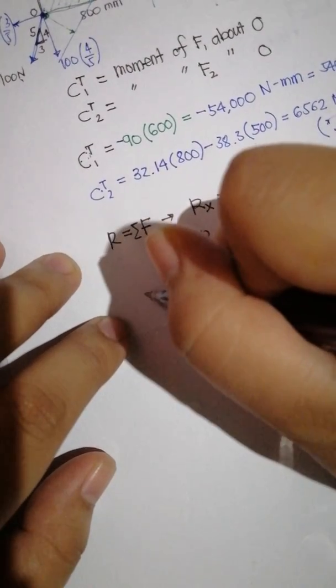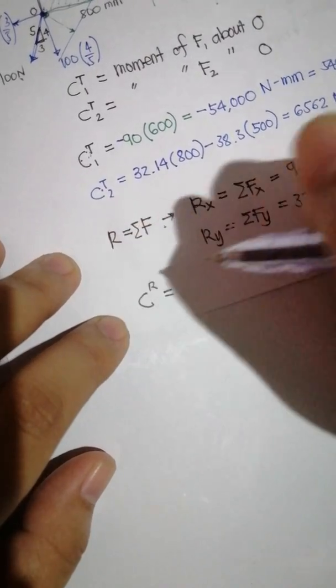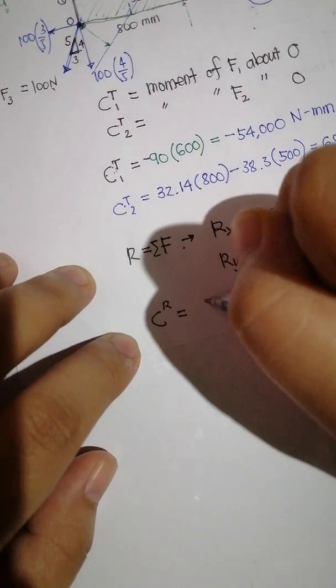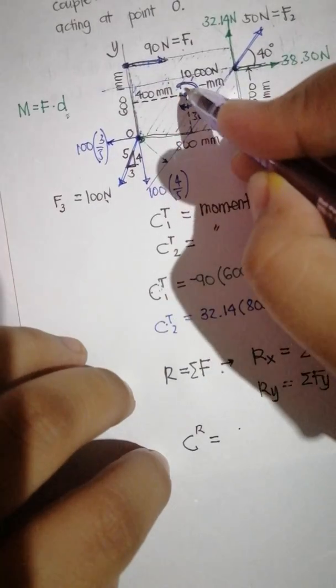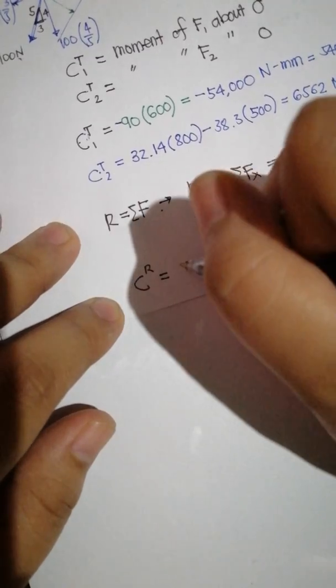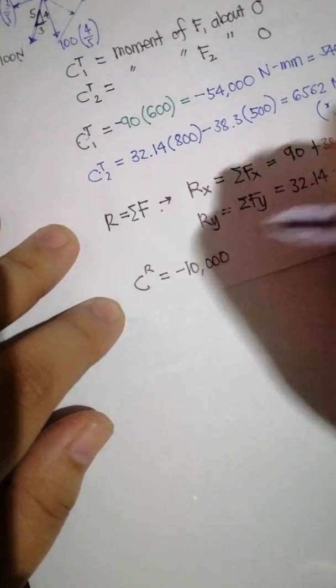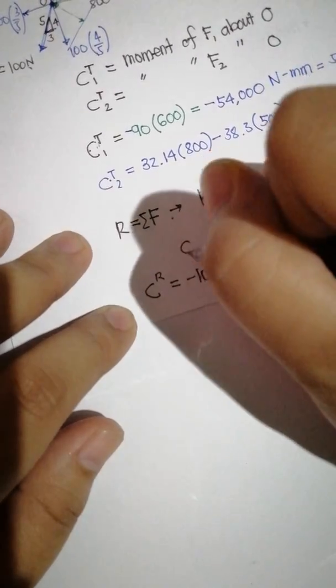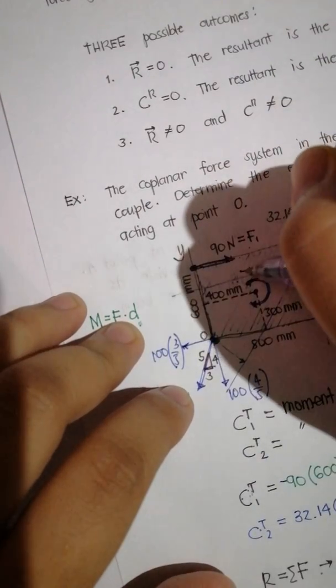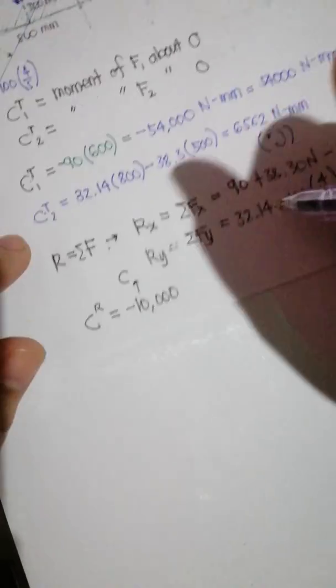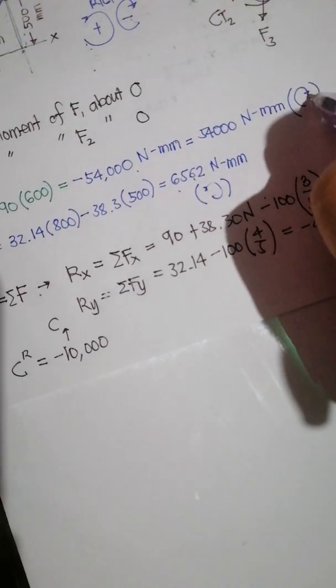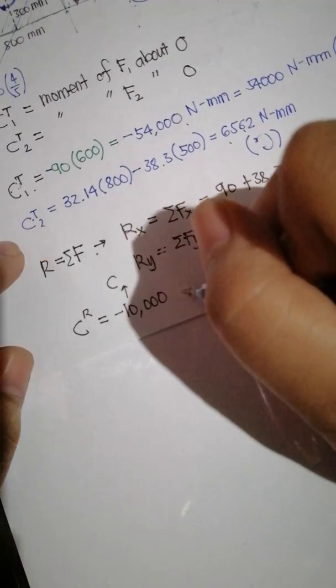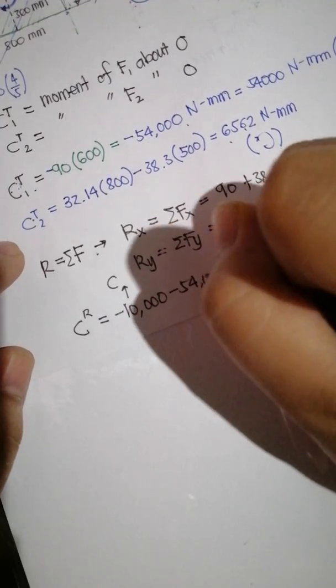Yung ating couple resultant, a-add lang natin lahat. Yung couple na 10,000, so since it's clockwise, negative siya. We consider it as a negative couple. So, negative 10,000. Ito yung original couple vector C. Let's say, tawagin natin siyang couple vector C. Tapos, dalawang couple of transfer. So, for the 54,000, since it's clockwise, so we treat it also as a negative couple.